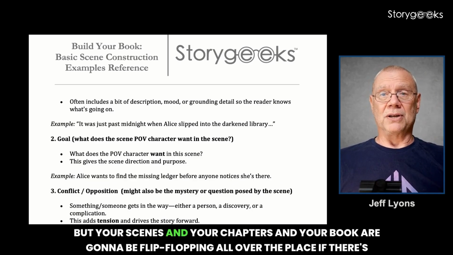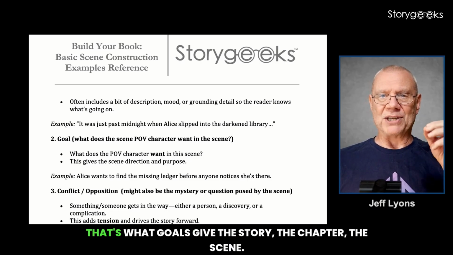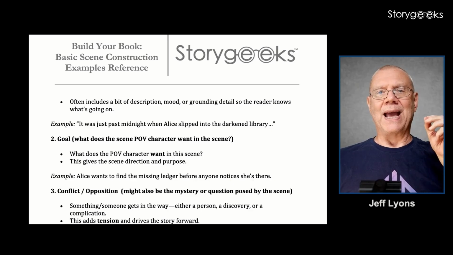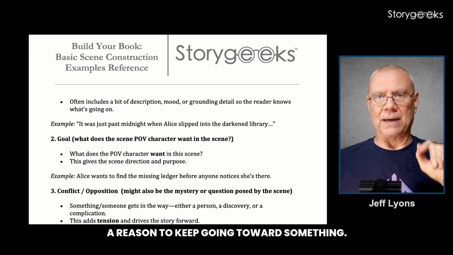But your scenes and your chapters and your book are going to be flip-flopping all over the place if there's no clear direction toward a goal that gives a sense of momentum. That's what goals give the story, the chapter, the scene. It gives you a reason to keep going toward something.